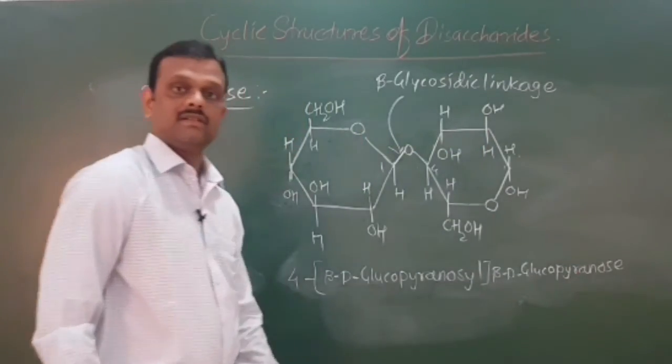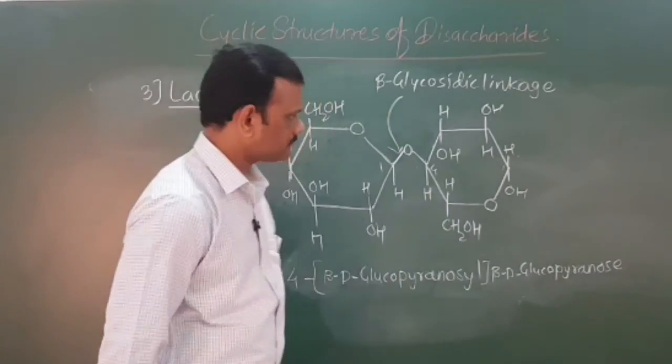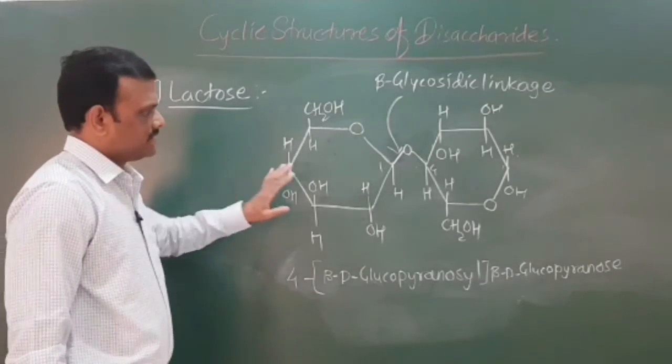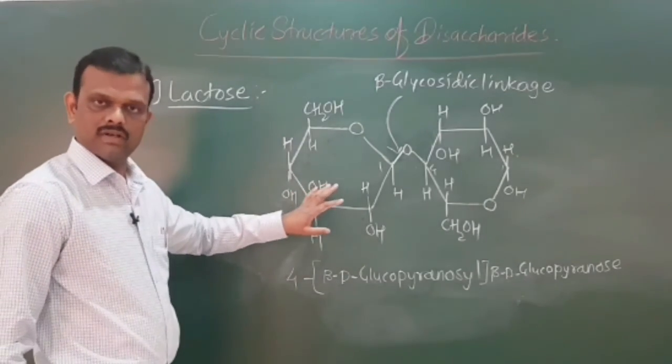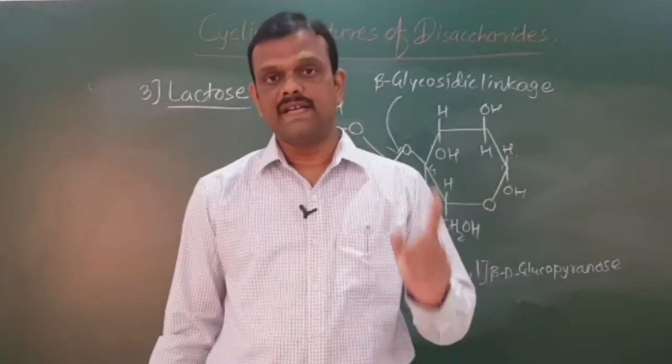As it is a reducing sugar, you have to write OSE at the end. Okay, this one is the structure of lactose. This is a reducing sugar. Only sucrose is a non-reducing sugar.